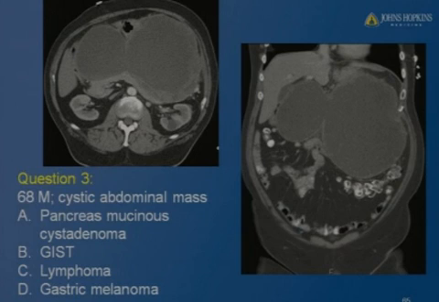What about this patient? A 68-year-old male presents with a large cystic abdominal mass. The patient has A, pancreatic mucinous cystadenoma, B, GIST, C, lymphoma, D, gastric melanoma. And 15 to 20 seconds start.